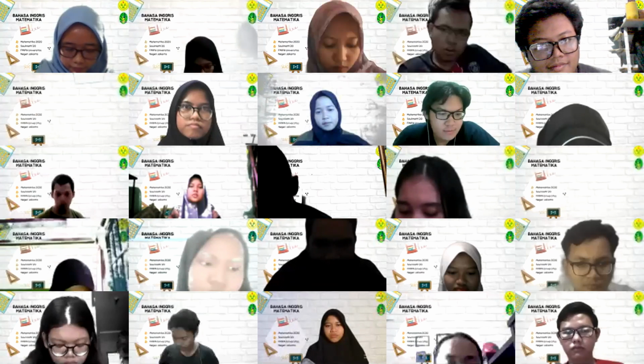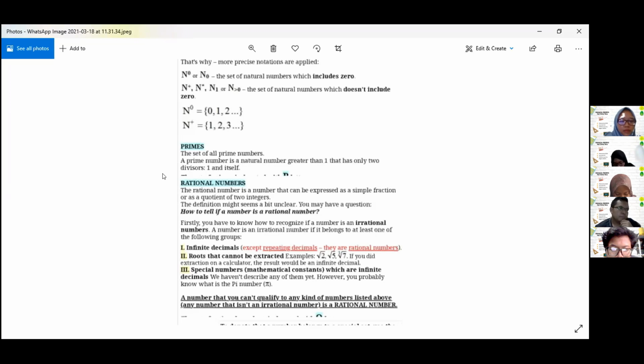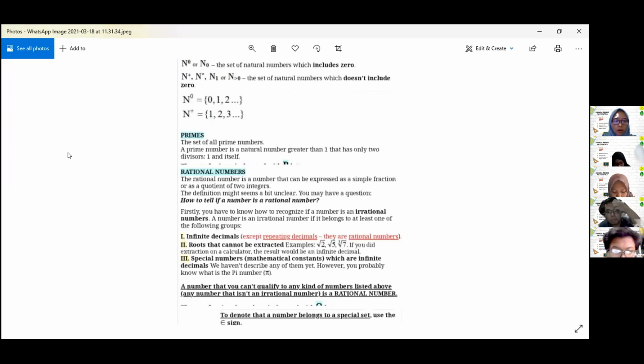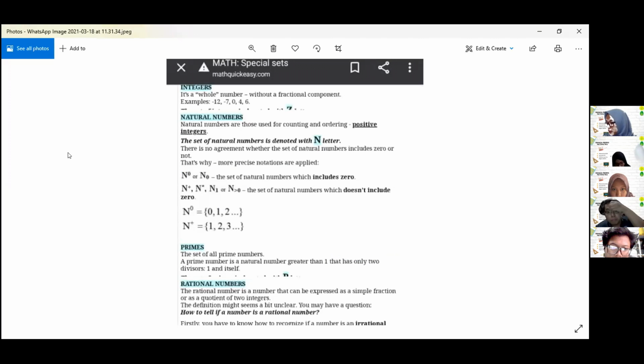Okay, Arya, as far as I know, the special sets are special because they already have exact members, the numbers.